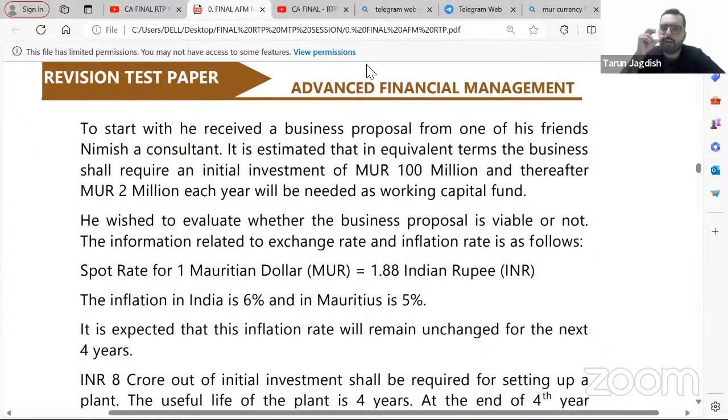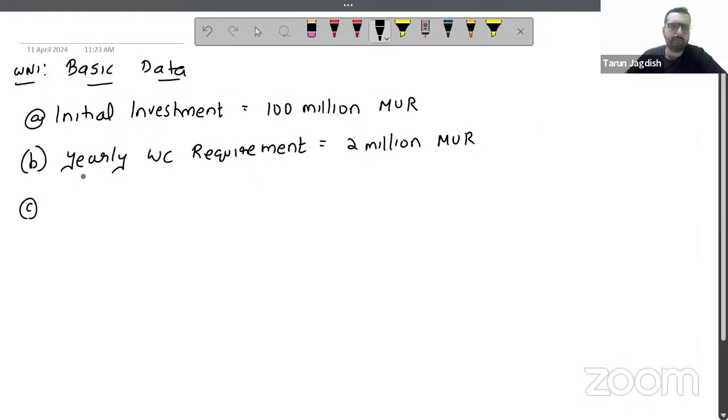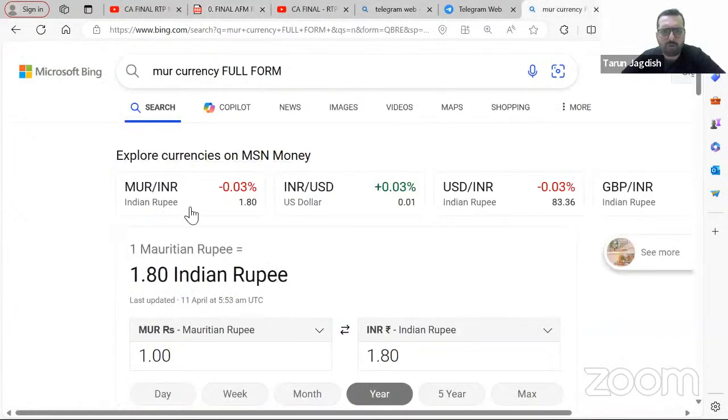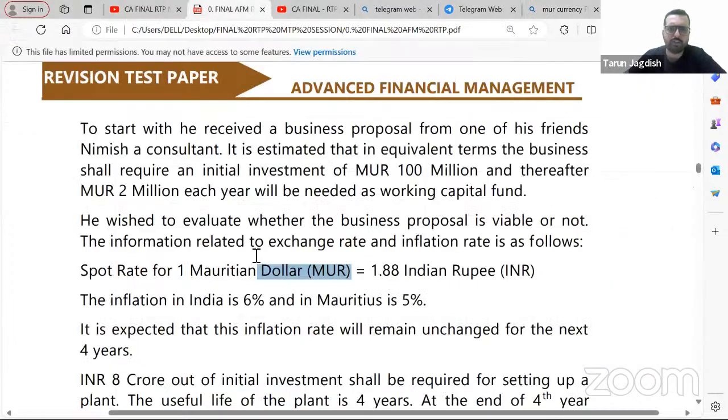He wished to evaluate whether the business proposal is viable or not viable. The information related to the exchange rate and inflation rate is given below. So the spot rate is 1.88 rupee per Mauritian rupee or Mauritian dollar. They're using two words. MUR is Mauritian rupee, but they're calling it Mauritian dollar.